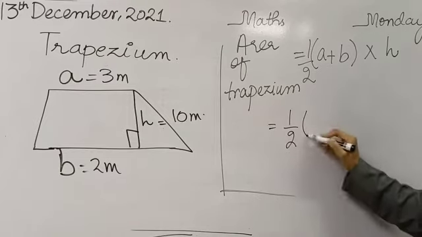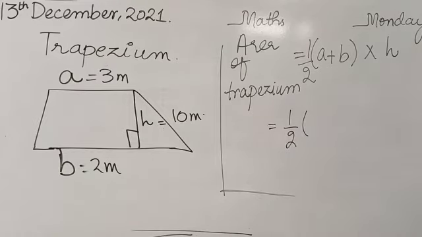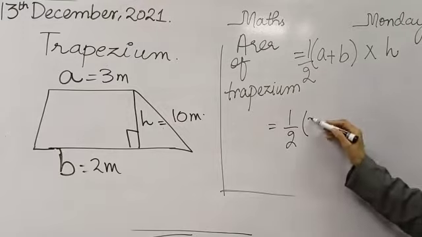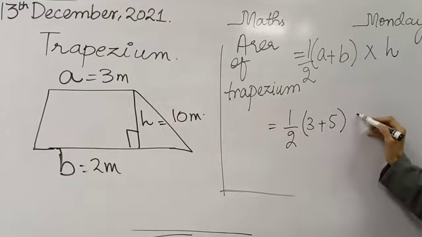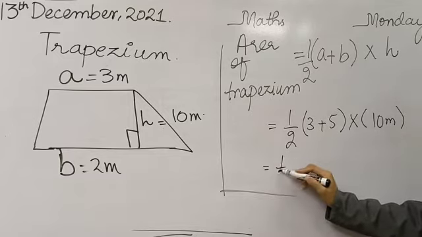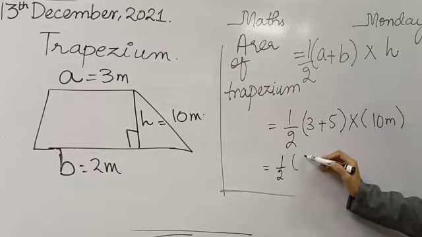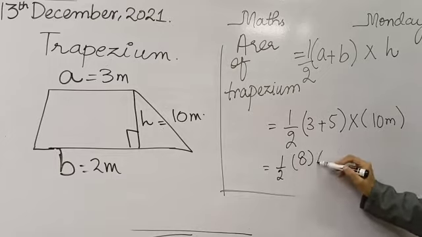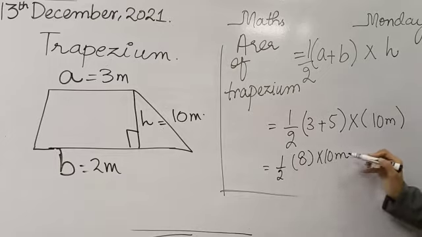1 by 2. What are the two parallel sides? 3 and 2. 3 plus 2 multiplied by height, which is 10 meter. First of all, add them: 2 plus 3 is 5, plus 3 is 8, multiplied by 10 meter.